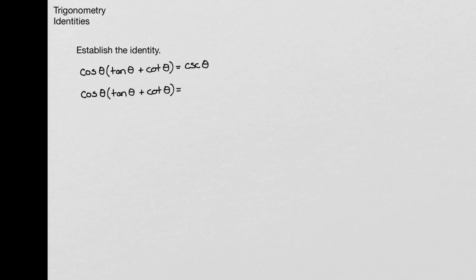So cosine theta times tangent theta, that's what we get first. And I put in the dot for multiplication. You can do that or not. It's fine either way. Plus cosine theta times cotangent theta.